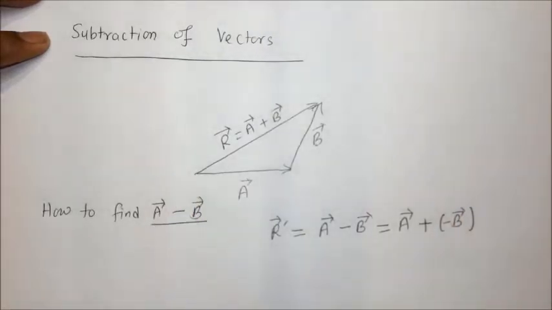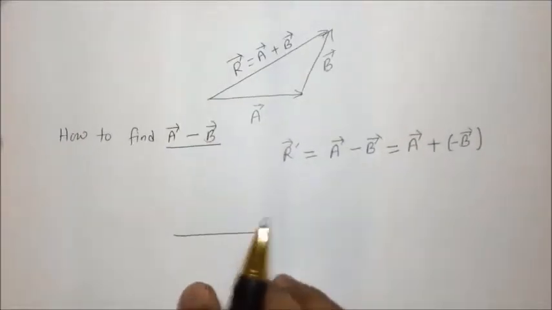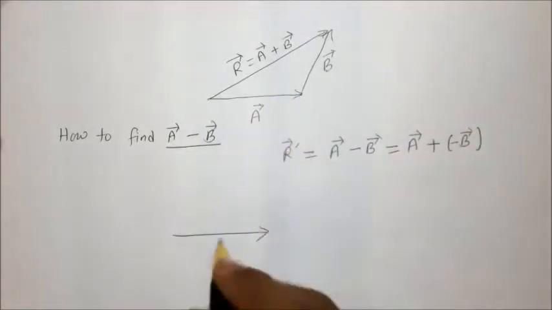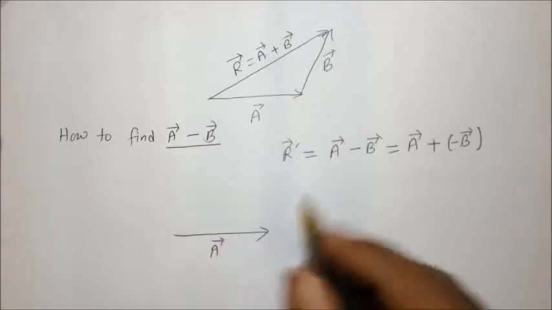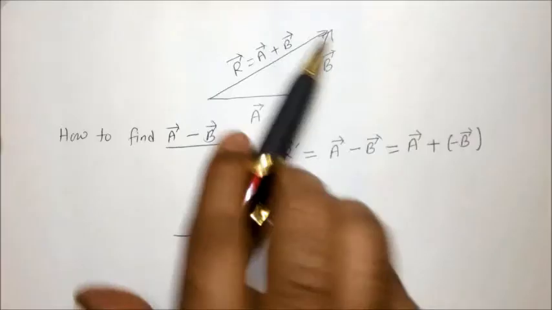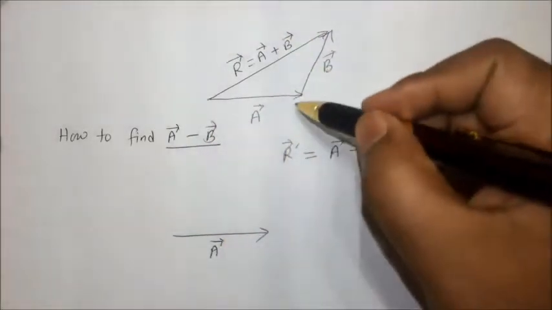Now we know that this is vector A, exactly the same direction, same way. Plus I have to add vector minus B. This is vector B, this way.